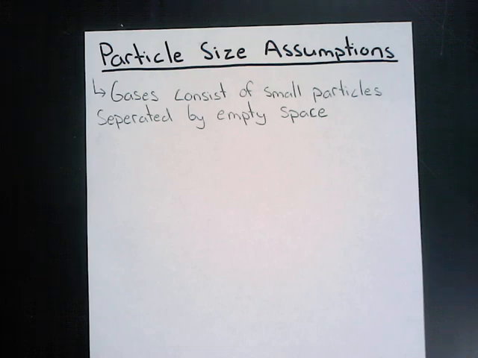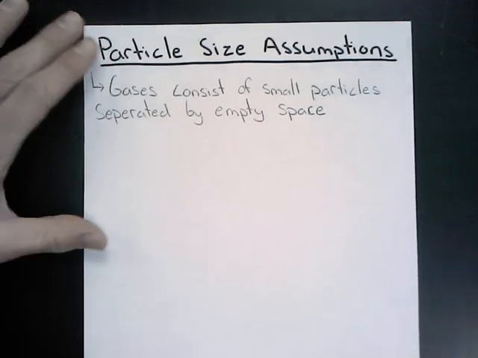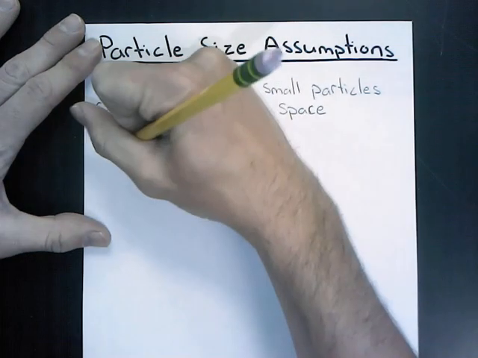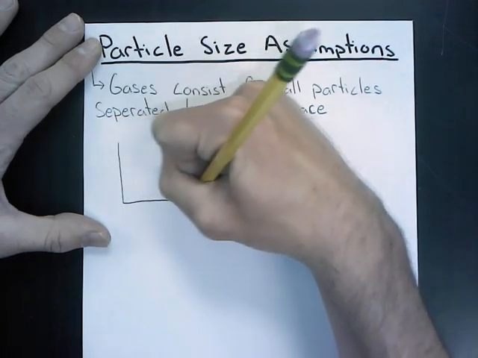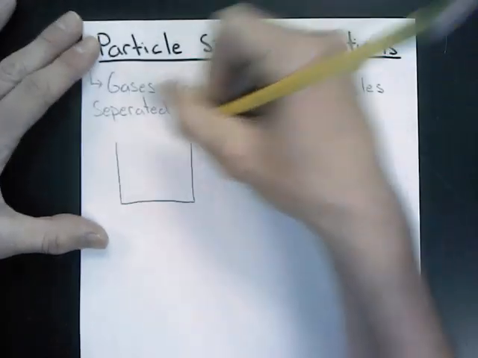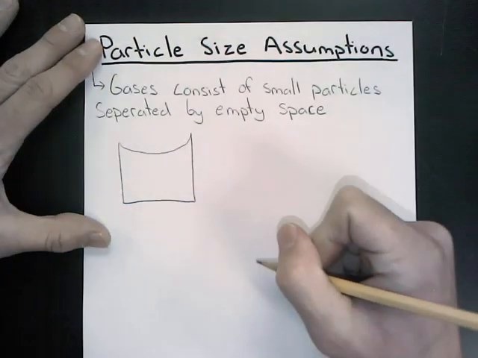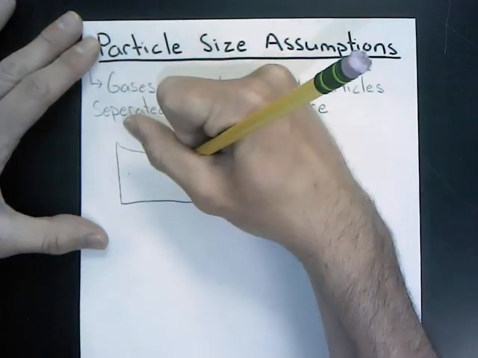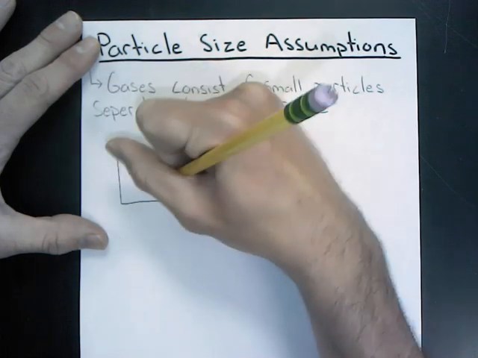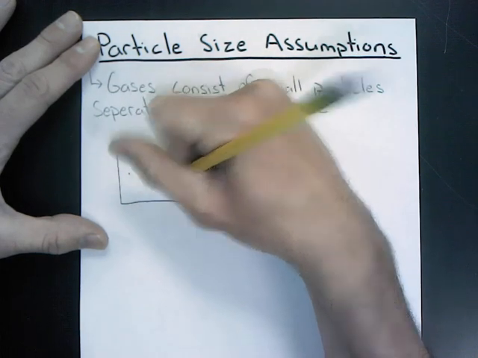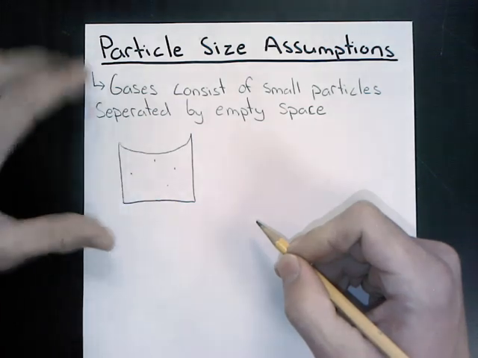The kinetic molecular theory states that gases consist of small particles separated by empty space. If we imagine this, we could have something like this. Let's say we have a gas in a closed container of sorts, and this gas is made of really small particles, which I'm representing with these dots.